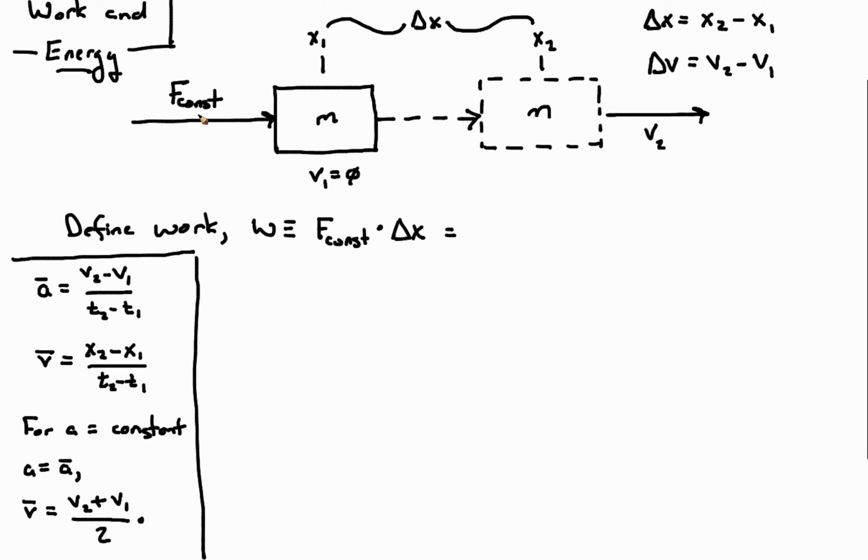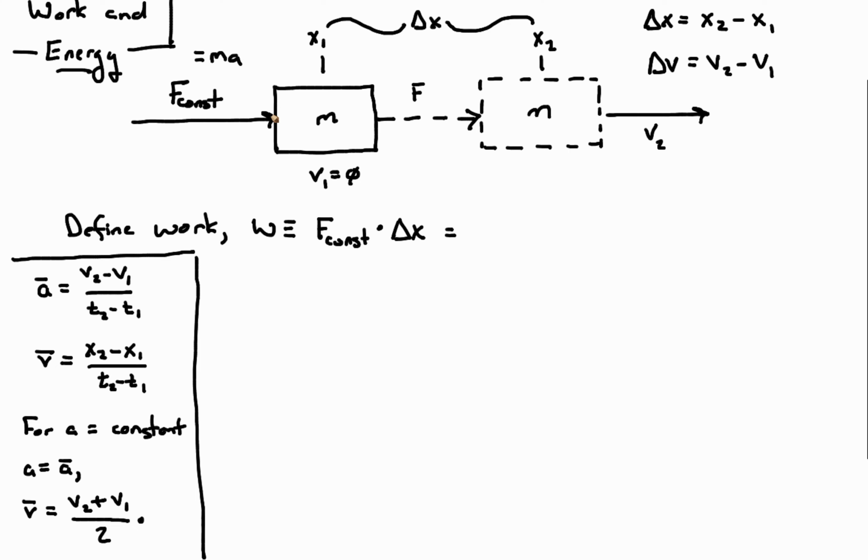Of course, a force is equal to some mass times an acceleration, so if this is the only force acting on the mass, it's going to start to accelerate. We continue to apply the constant force F up to the position x2, and then we remove the force.